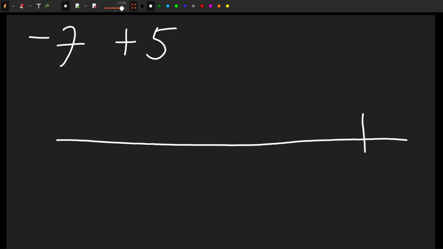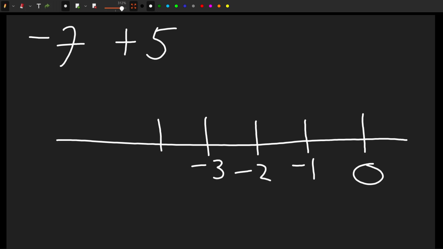I'm going to give myself a lot of room here. We have 0, then -1, -2, -3, -4, -5, -6, and then at the very end here we have -7.